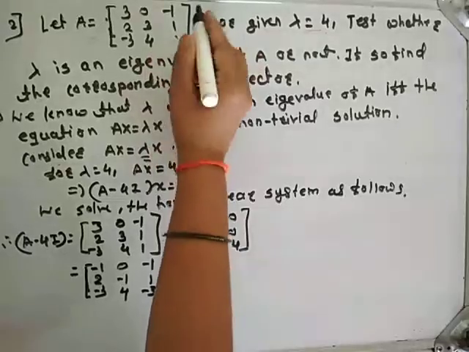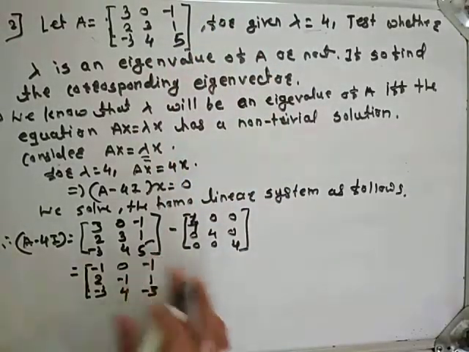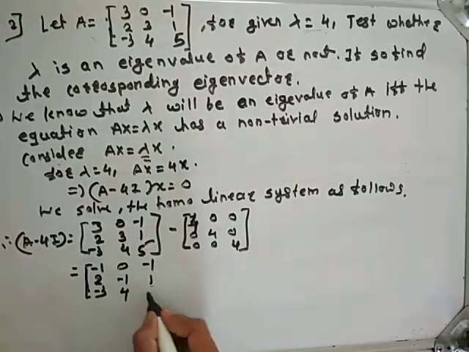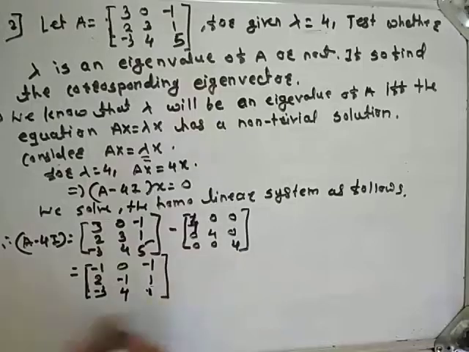Sorry students, here it is 5, so 5 minus 4 becomes 1. Okay. This is A minus 4I.